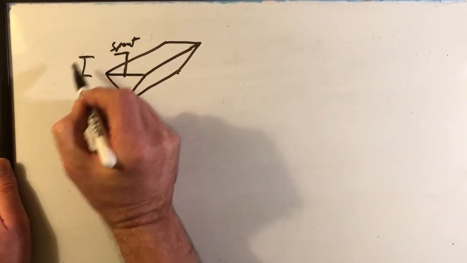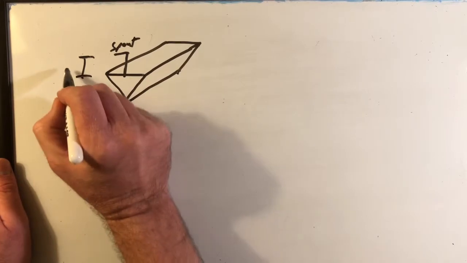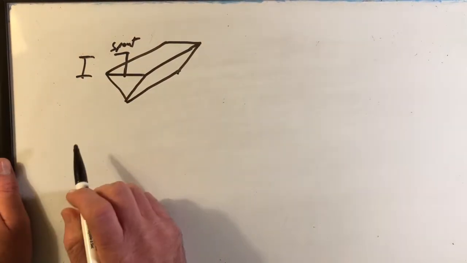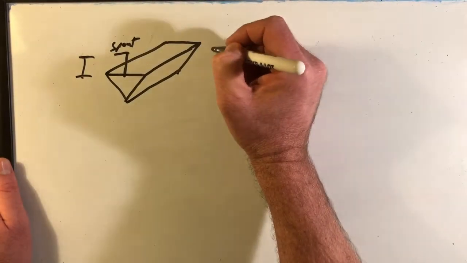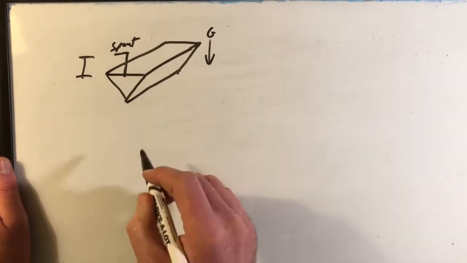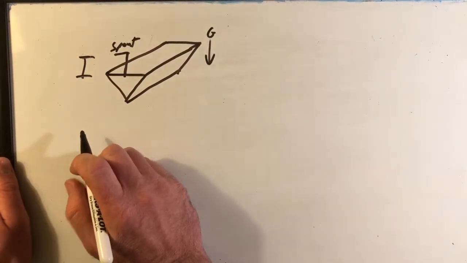So I need to make up a dimension for this distance from the top of the spout to the top of this triangle. And this is the way gravity's going, just in case you're wondering. We're not flipping it on its side or anything like that. This is the shape it's going to be in.